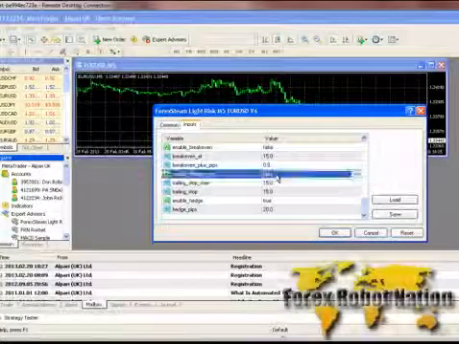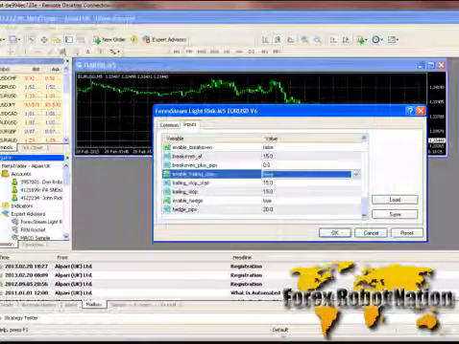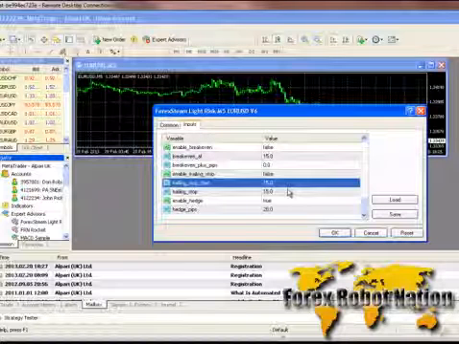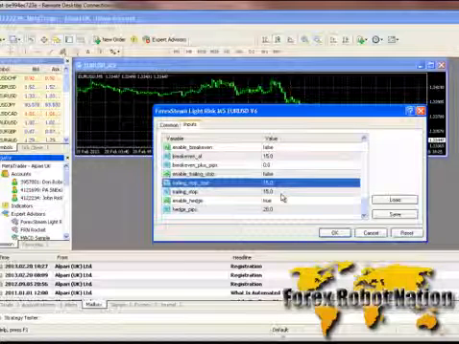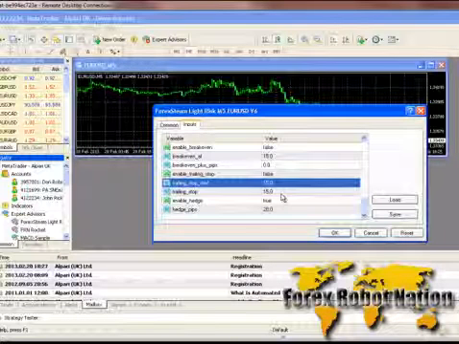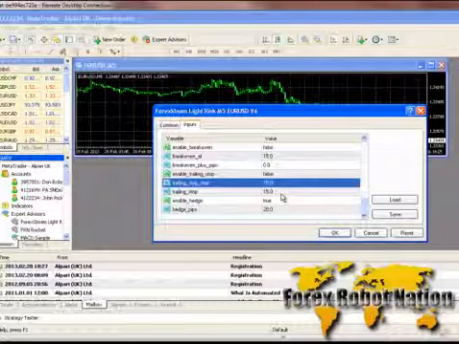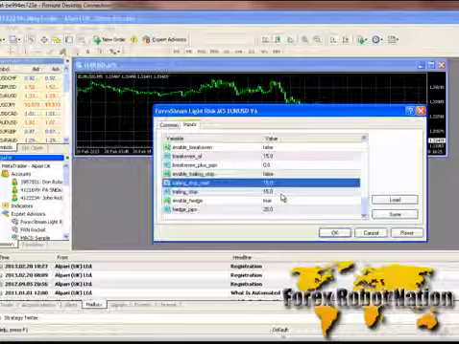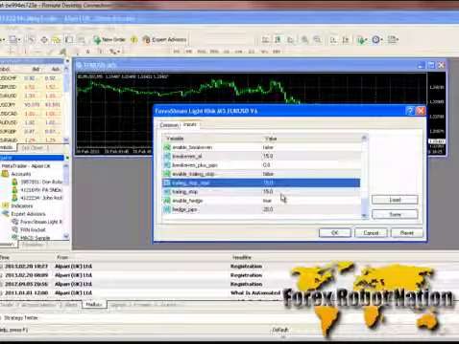Then you have the trailing stop. You can enable that. And right now we have the trailing stop at 15. These are just default values. Obviously, if you're going to use trailing stop, you'll probably want to increase the take profit or lower the trailing stop.